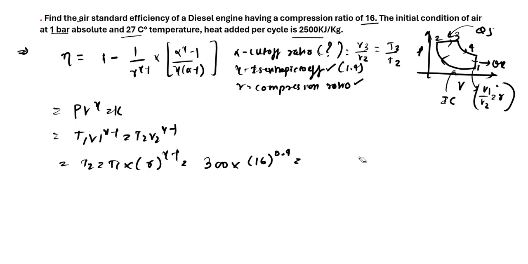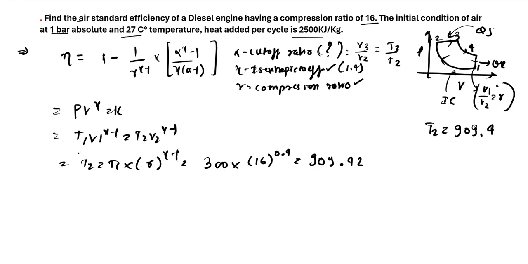So this T2 should be 909.42, because the temperature was unusually high. You can fact check or backtrack your equation. If the temperature is unusually high, there might be some calculation mistake. So the temperature at point 2 should be 909.4.